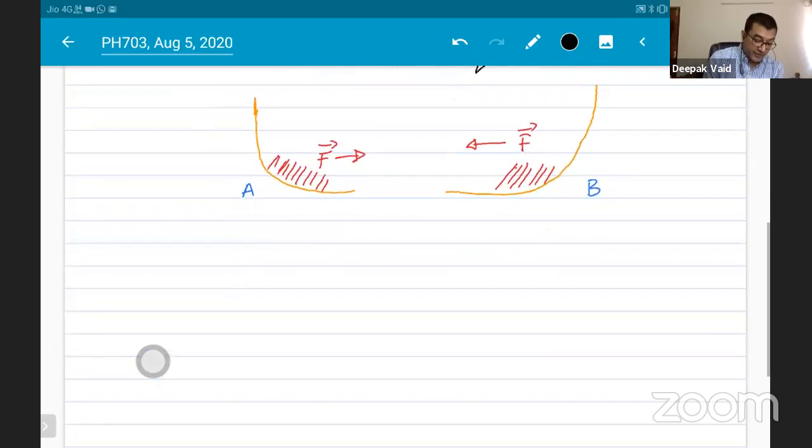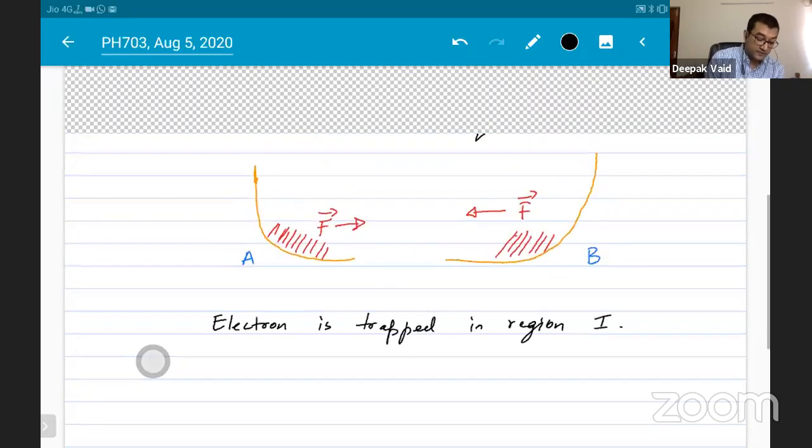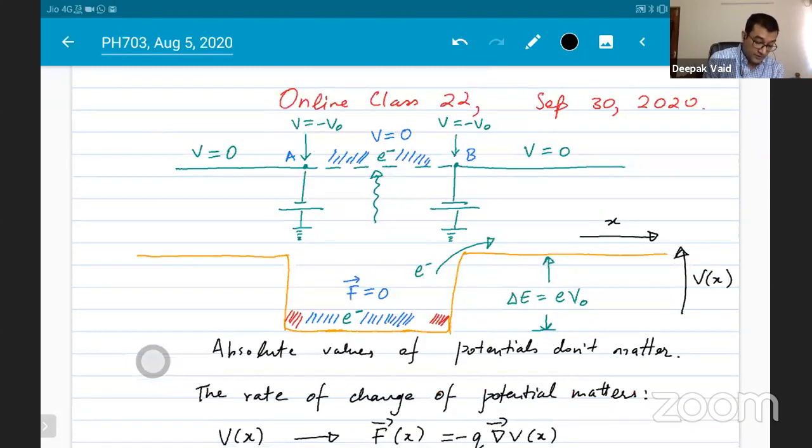Right? So effectively, this means that the electron is trapped in region 1. We will call this region 1, this region 2, and this region 3.